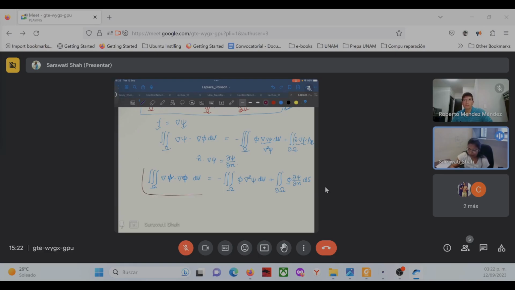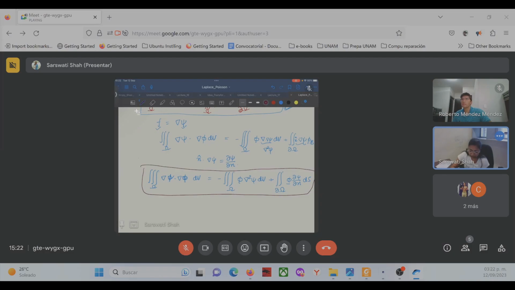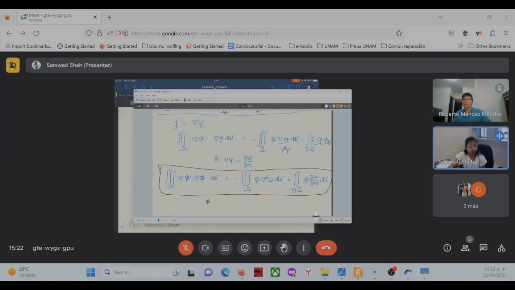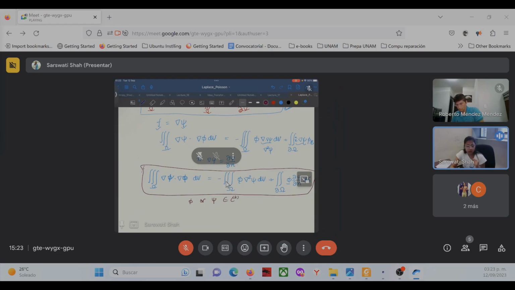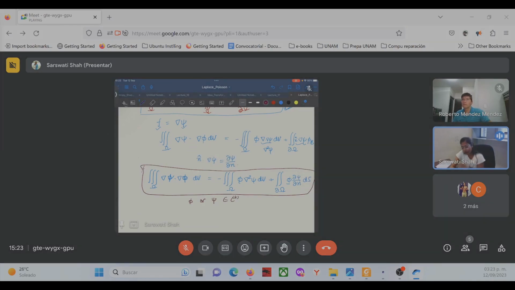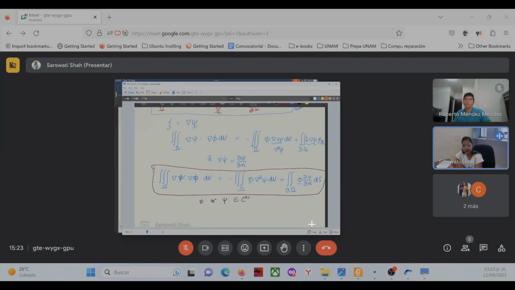One thing which is very important to notice here: both phi and psi belong to C2. Both are continuous, and their second order derivatives are also continuous.